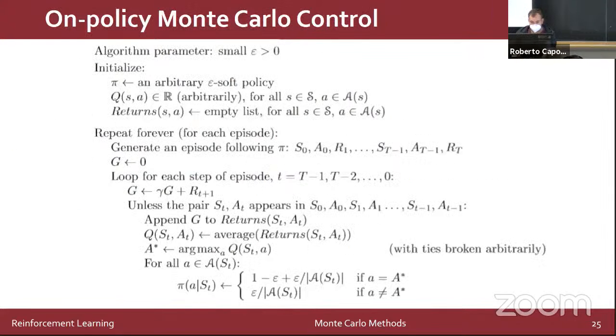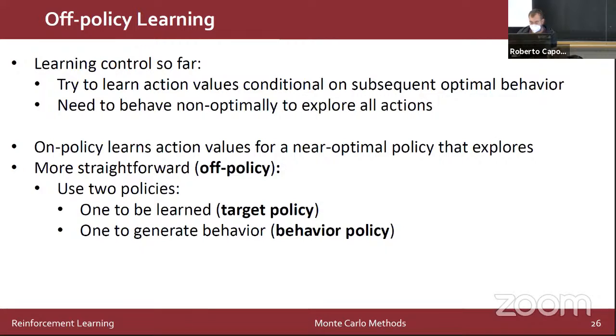So here we have seen the pseudocode of the on-policy Monte Carlo control with epsilon greedy policies. Now, what does it mean instead to be off policy? In the off policy case, the situation is slightly different. We have two different policies. One is the target policy, and the other one is the behavior policy. The target policy is the policy that we are learning about.